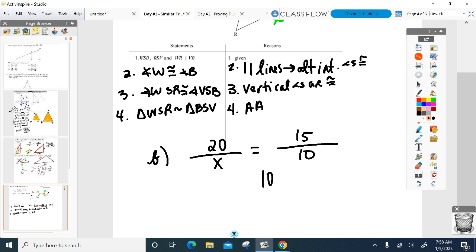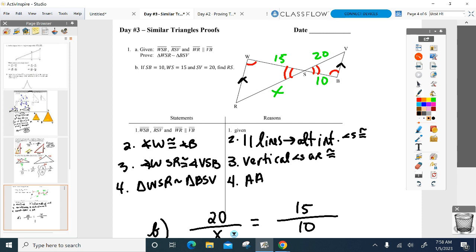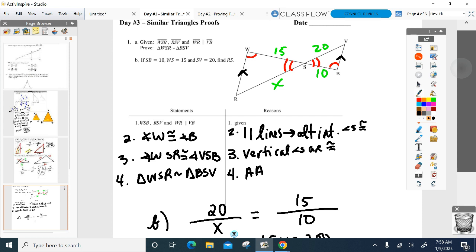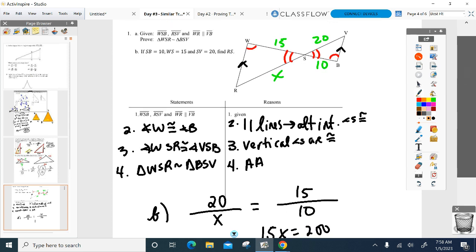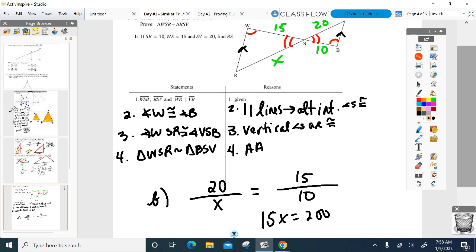So 10x, not 10x, 15x equals 200. Those don't match up. VS and SR. Do they have to be in the same triangle? What do you mean? Like 20 and 15? That's true. Thank you. Didn't notice that.